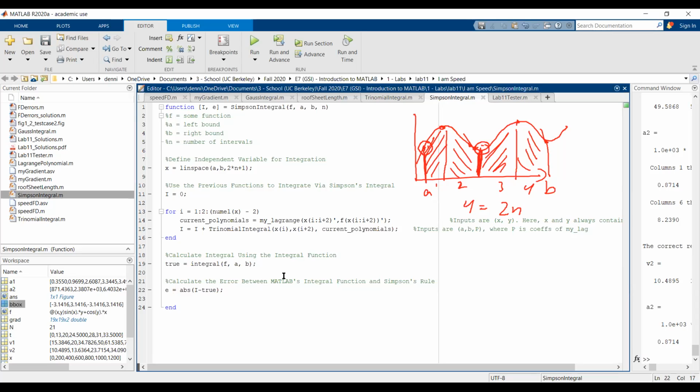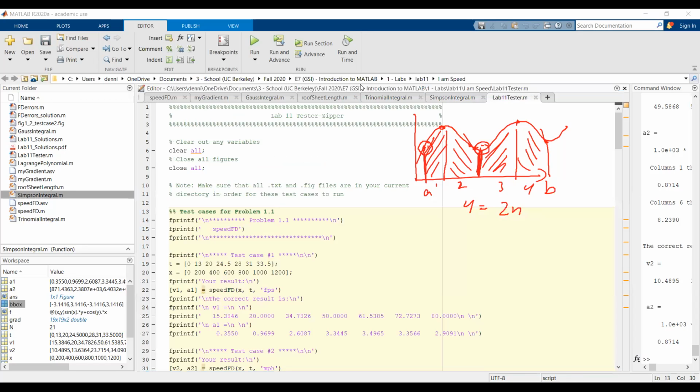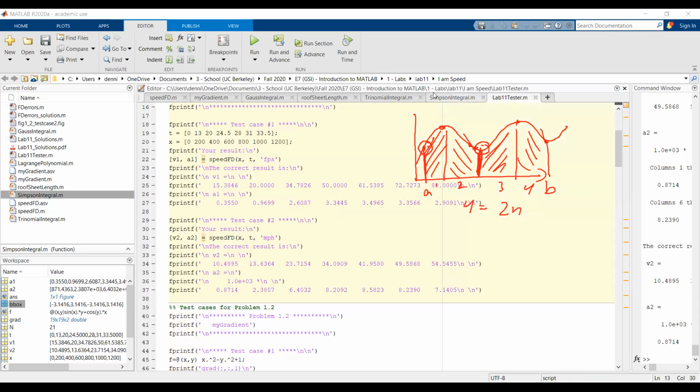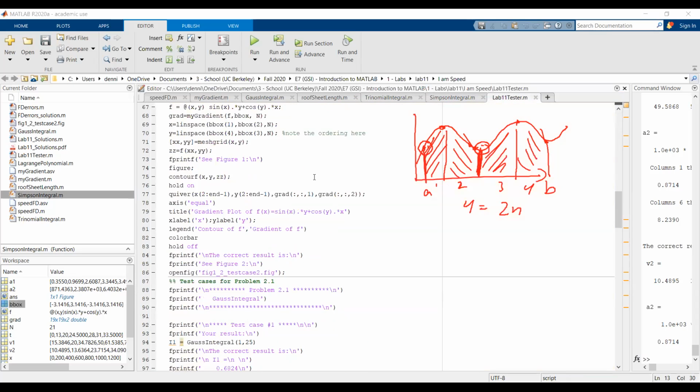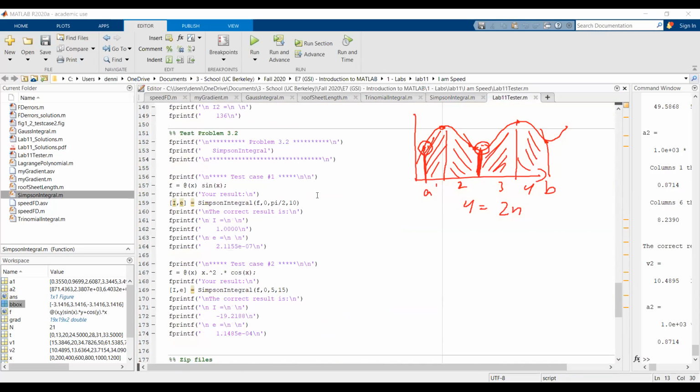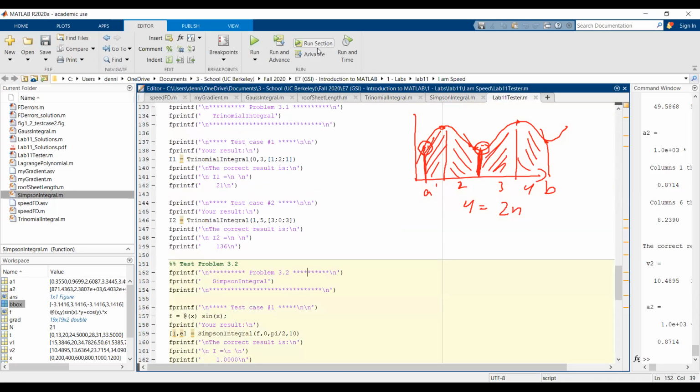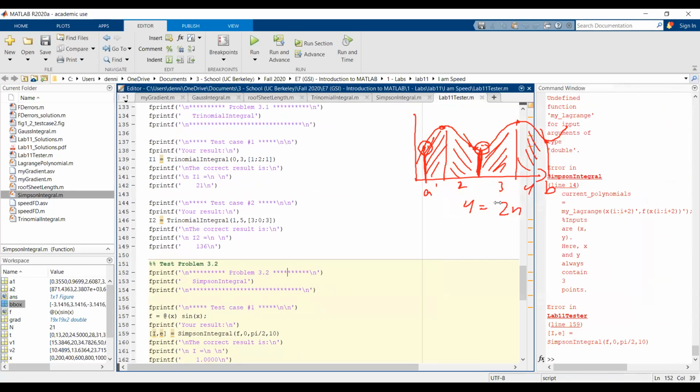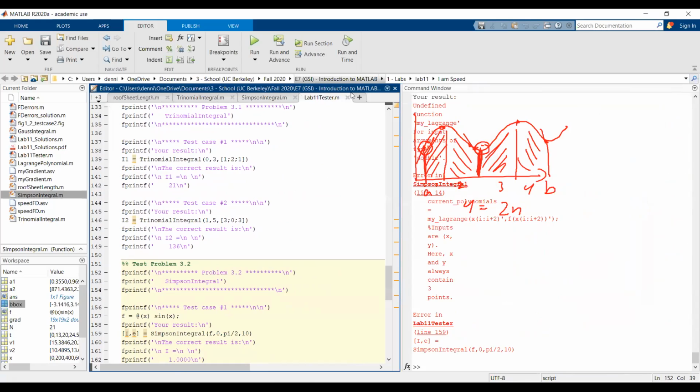Simpson integral. Well, let's test this out first of all. I forgot to test out my gradient. I should have done that as well. I tested it out earlier though, it should be fine. Simpson integral, run section. Okay, what did I do? Clear drawings.